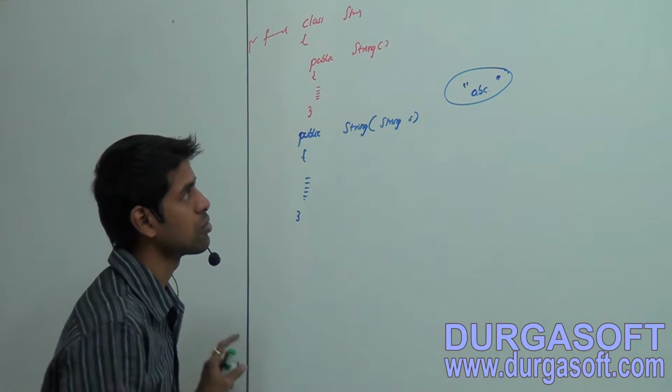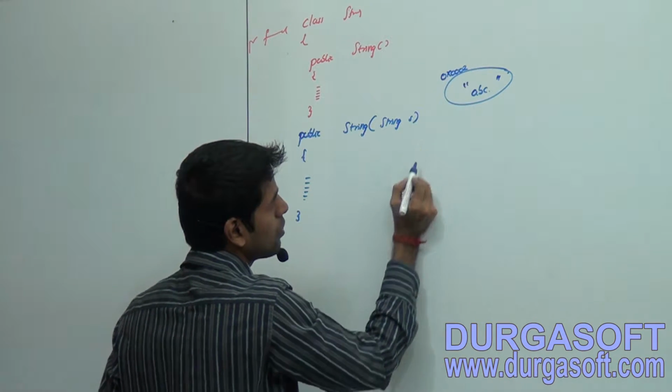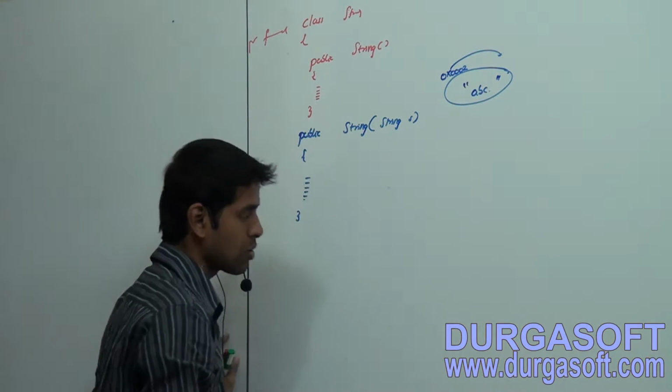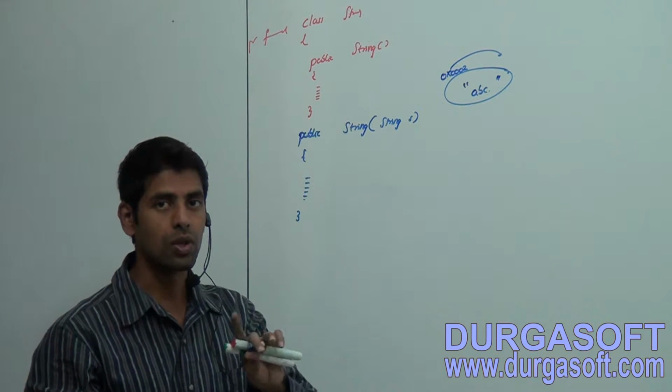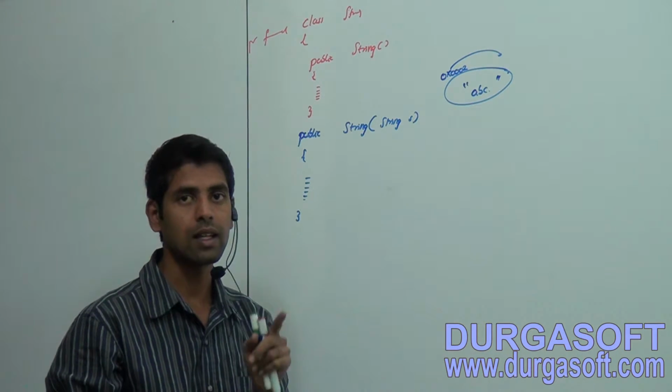We have discussed this. It will have an address, let it be 0x002, and it will have an approximate integer value equivalent to this address. That is called the hash code.